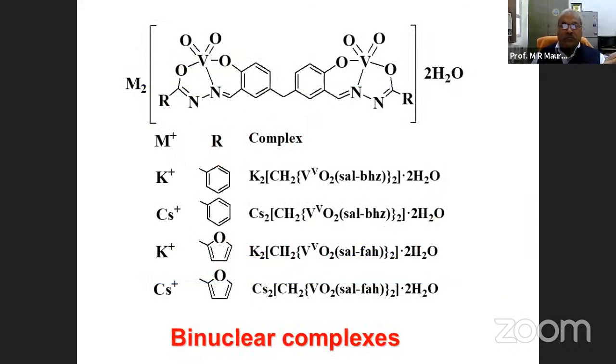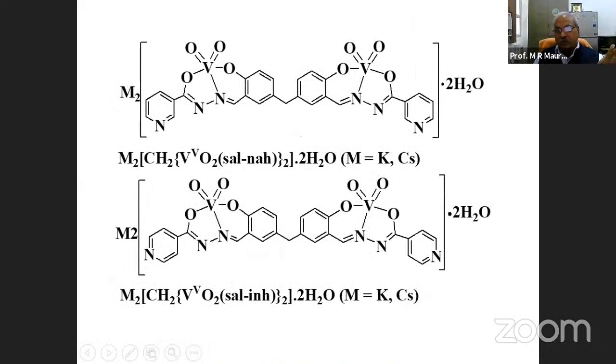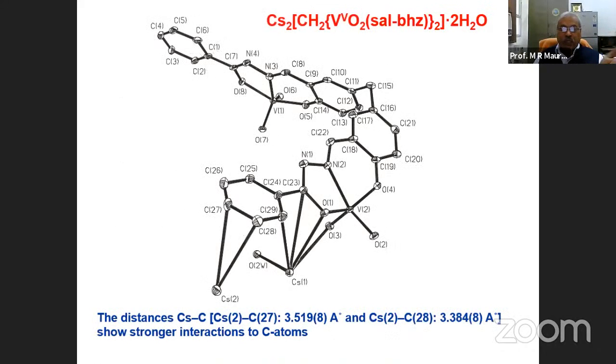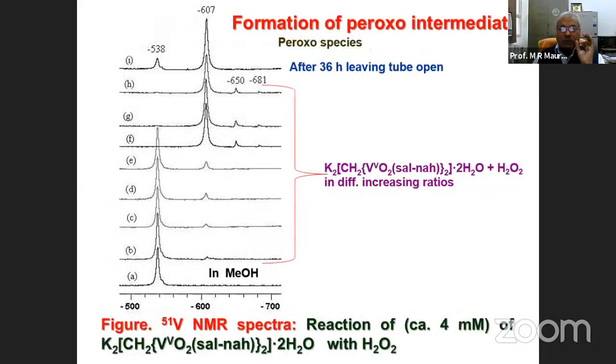So we extended this study now to the dinuclear compounds. See here, this is a sulfide bridged to the methyl group, and then we did a lot of chemistry, and these are the structures to show that. Okay. And then I'll show you some more here: we tried to do titration with H2O2 and recorded vanadium NMR, and you could very nicely see that the dioxo species is going to the peroxo.